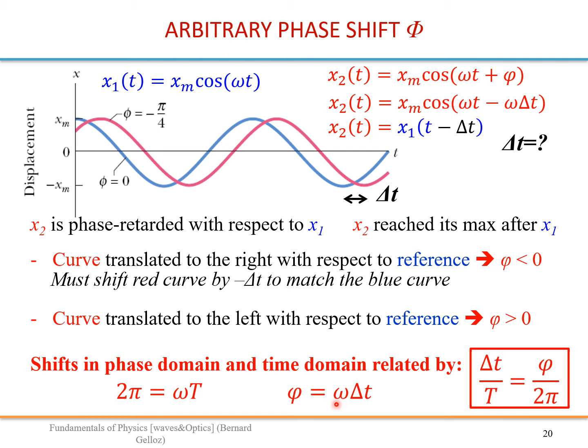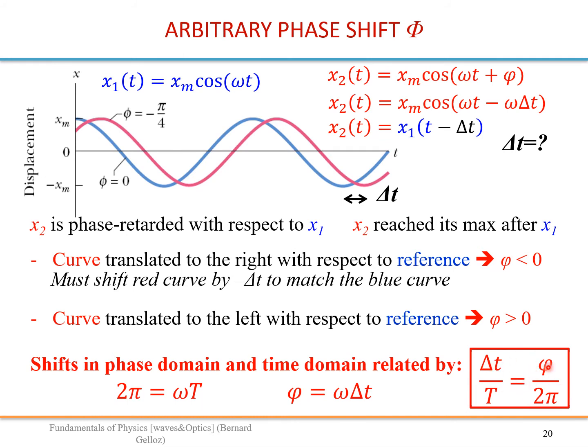So you can take the ratio, you can eliminate omega between these two equations, and you get this. And this answers all these questions. So if your problem gives you phi and asks for delta t, this will answer the question. If they give you delta t and ask for phi, it also answers the question.